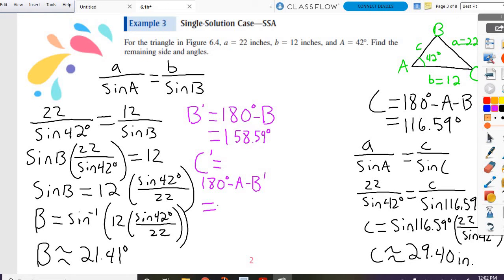Negative what? 20.59. Now, is that a valid angle for a triangle? No. Okay. So, since we can't have a negative answer, we know that there is no second solution.